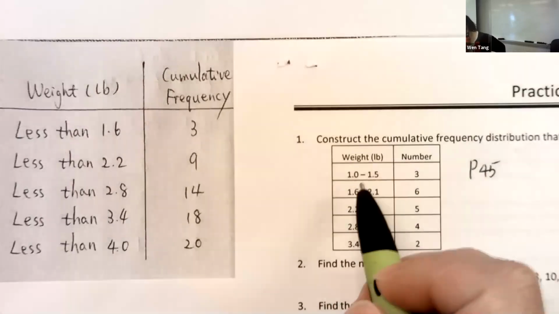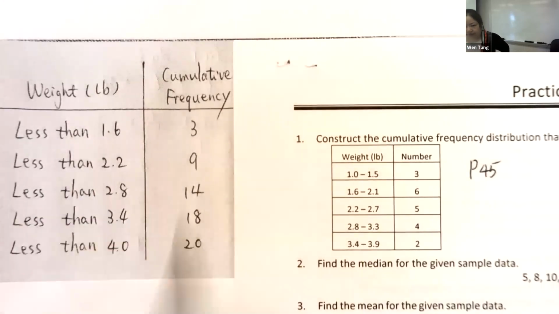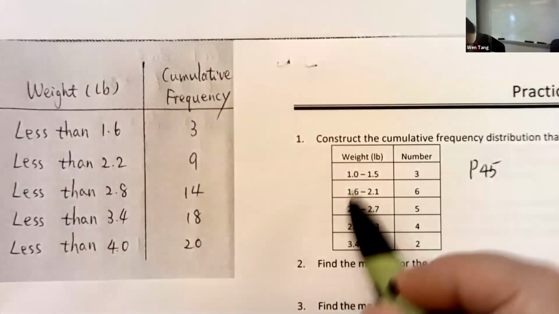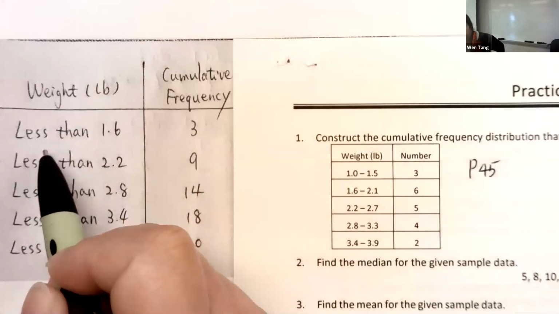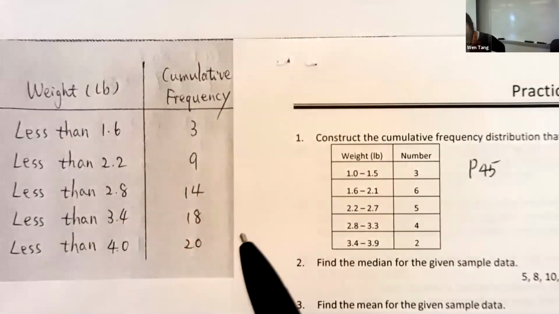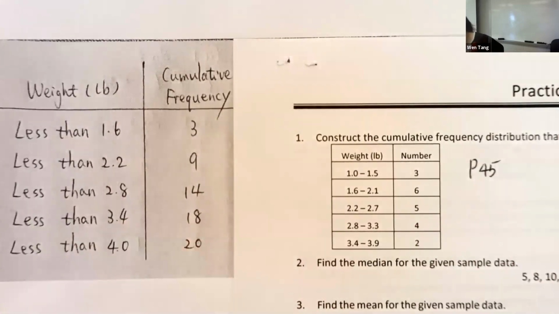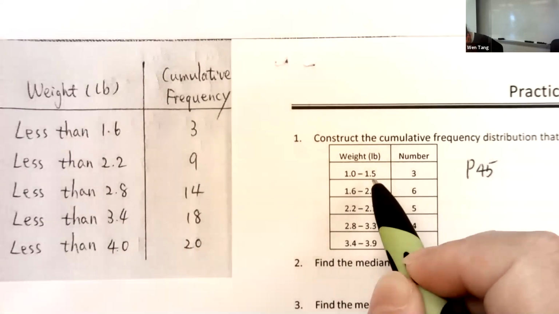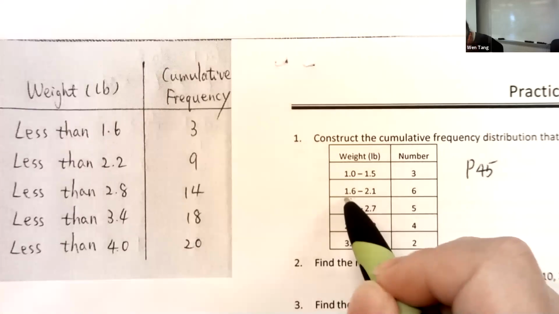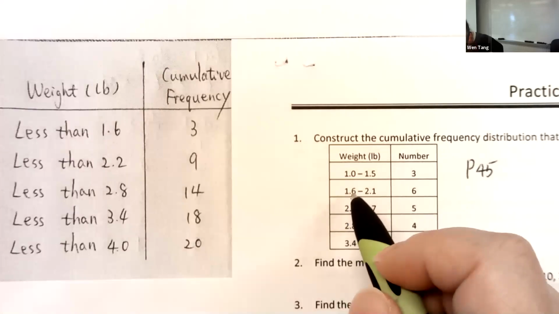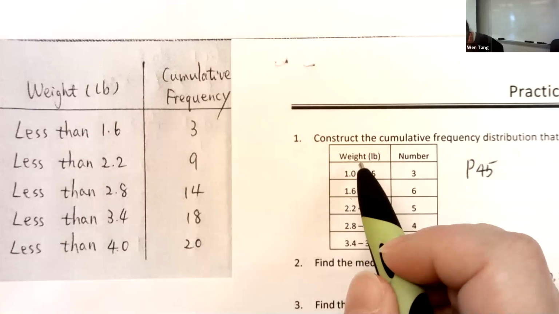We're going to change this to less than something. So we change it to less than 1.6. Make sure you know it's not less than 1.5. It should be less than 1.6 because the second one is from 1.6.